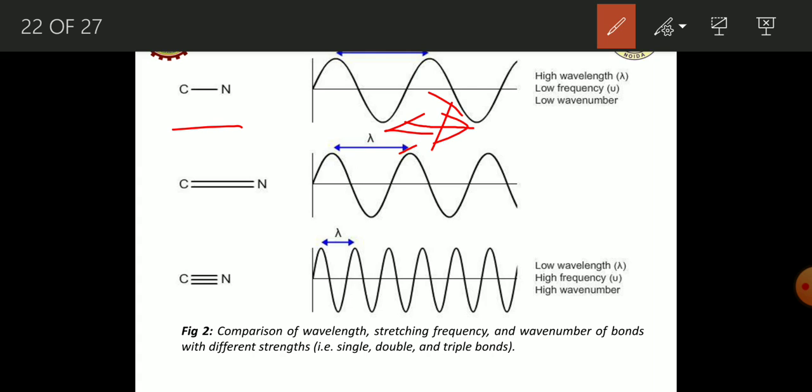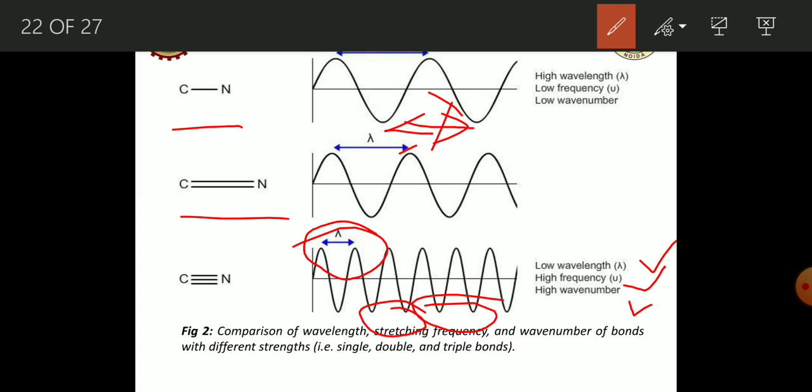Lambda is more for the C single bond N. Lambda is less, the distance between consecutive crest and trough is very less, in C triple bond N. A low lambda value means higher frequency and higher wave number.